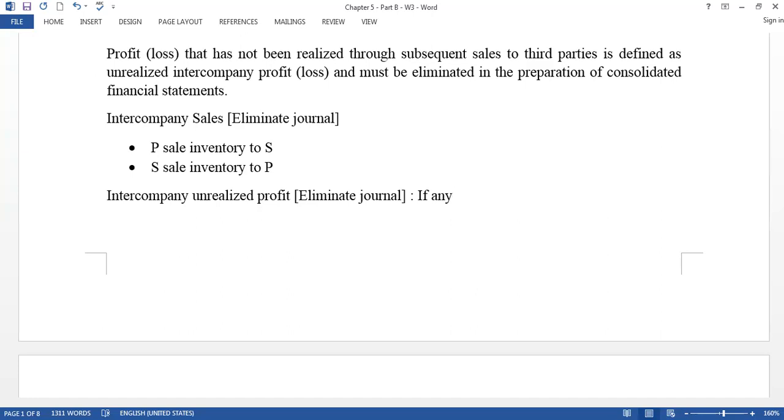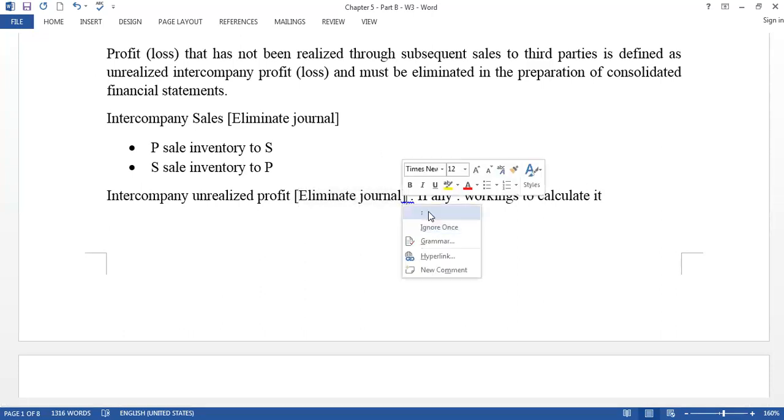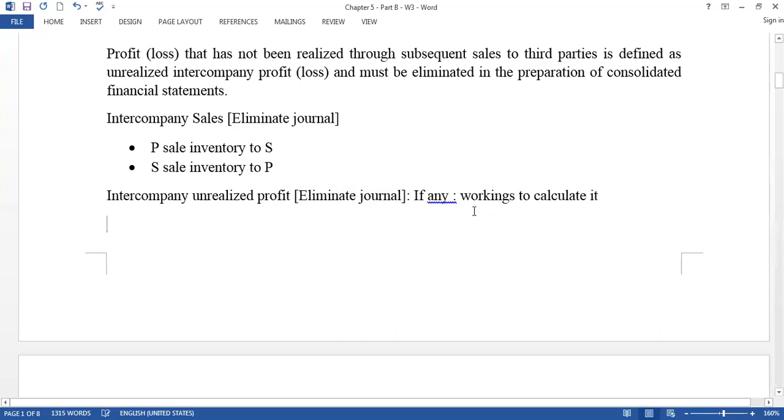You need to do some workings to calculate it. If you want to calculate the amount of unrealized profit, we need to do some workings. And if we have any unrealized profit, we have to eliminate it, whether it is upstream or downstream.